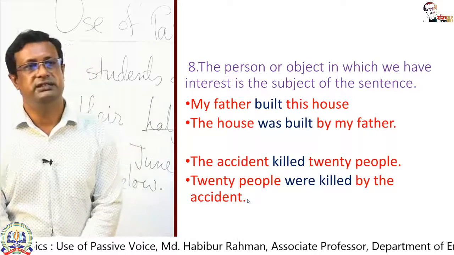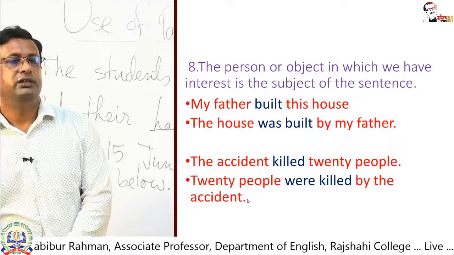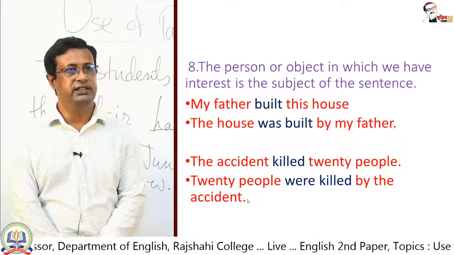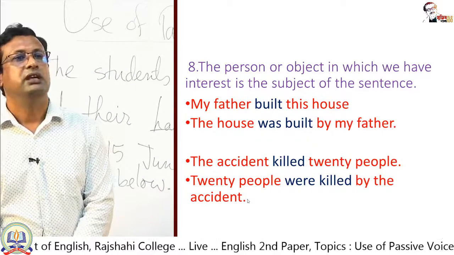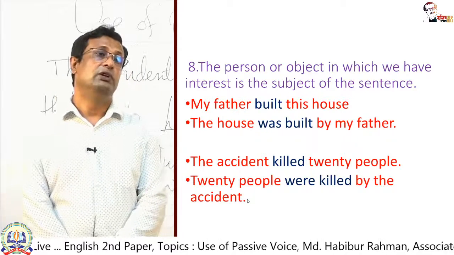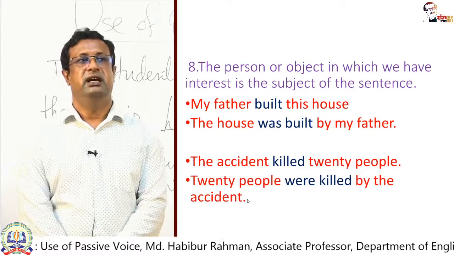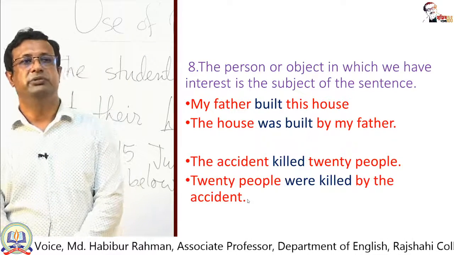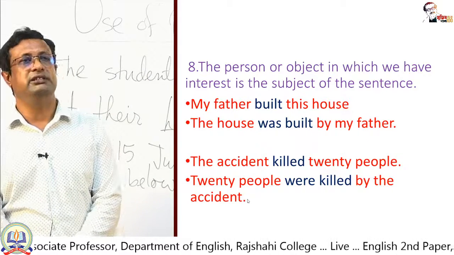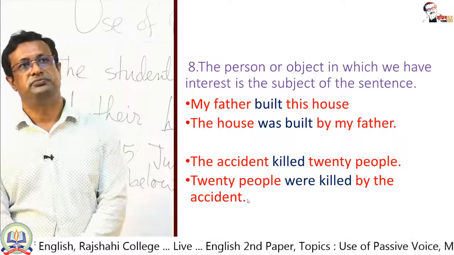Which is the center of our concentration or interest, to whom or to which we find interest, the accident or people? Actually, we want to know about people. When we want to know about people, we will start with "20 people were killed by the accident," and "the accident killed 20 people" shows interest is on the accident. So, according to our interest, our subjects or our agents are fixed.